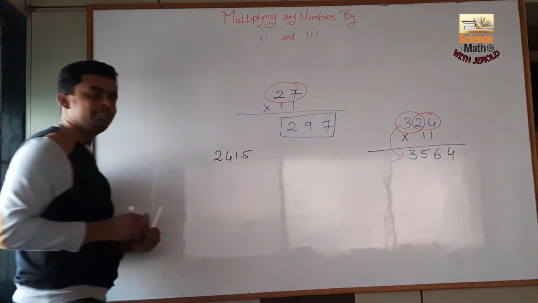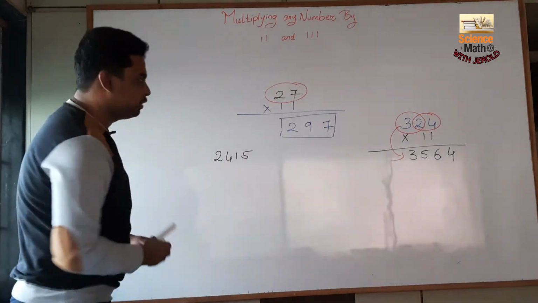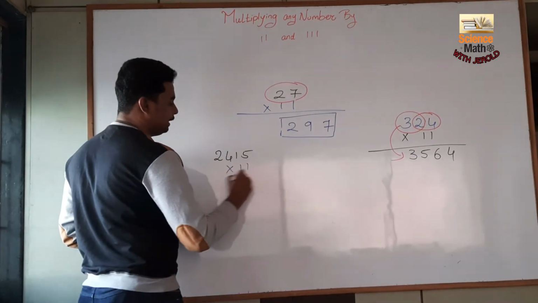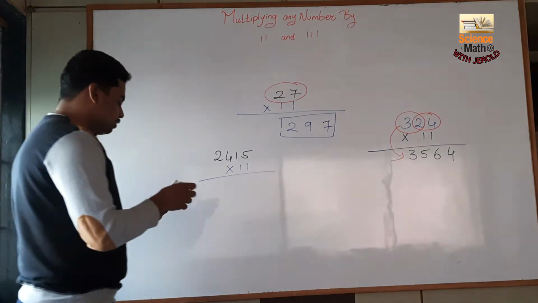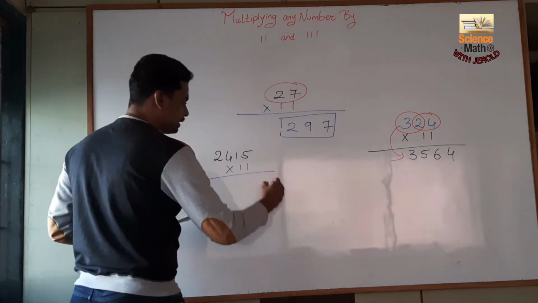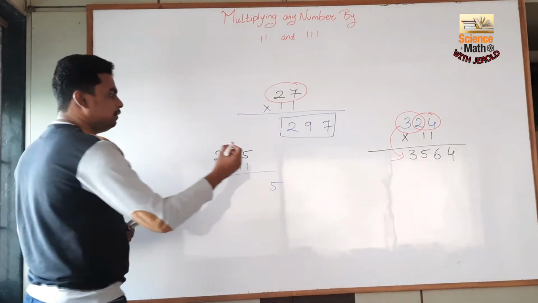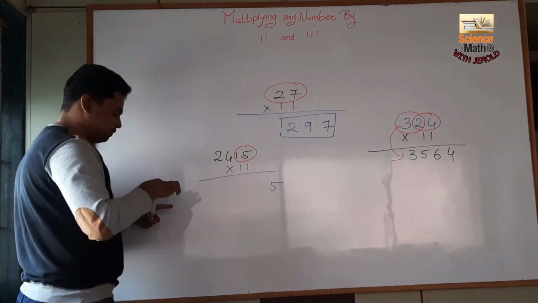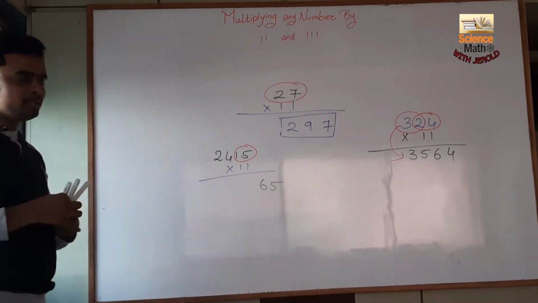For a 4-digit number, let us say 2415. This is my number that I have to multiply by 11. Same applies to all numbers. The first thing I do is write the final digit as it is, 5. Then add the last 2 digits: 5 plus 1 will give me 6.